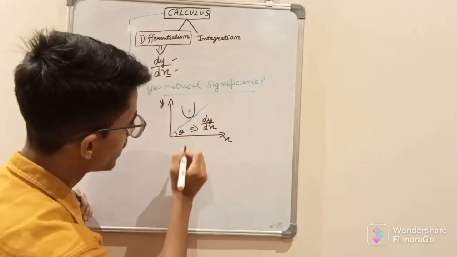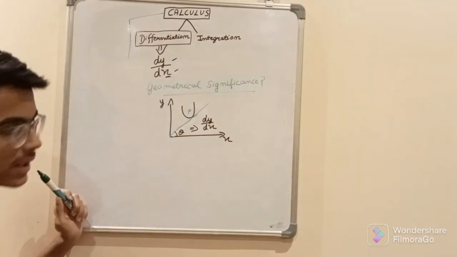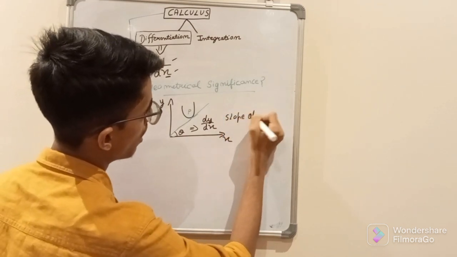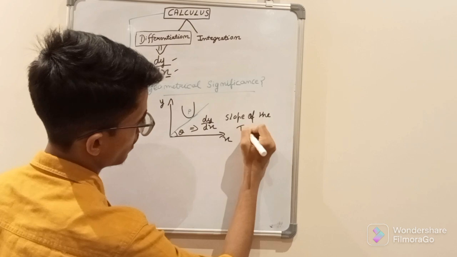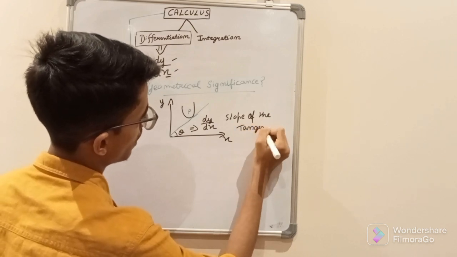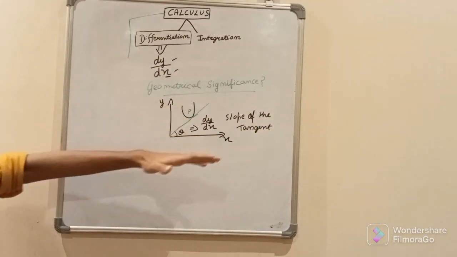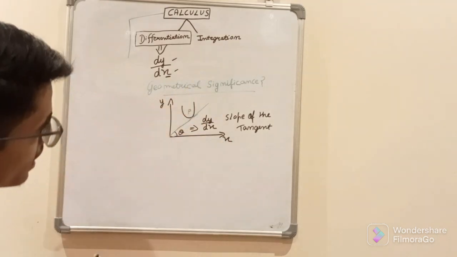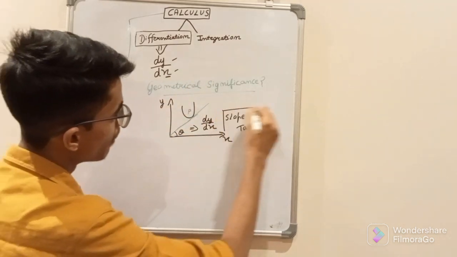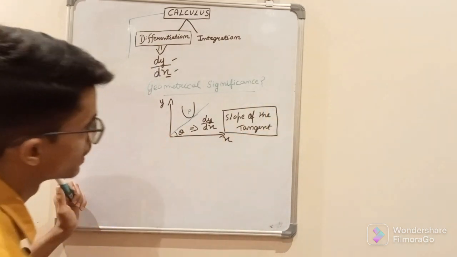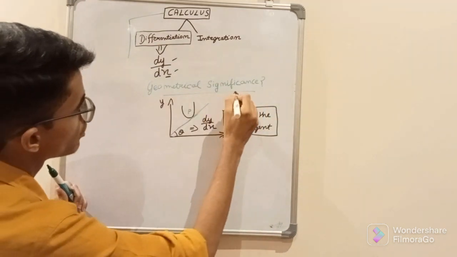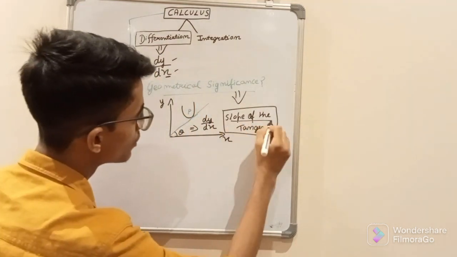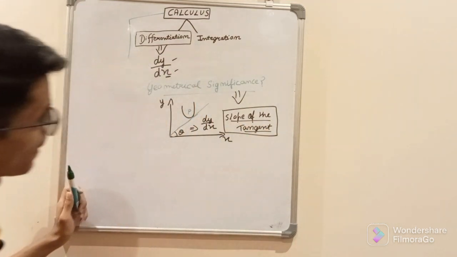If we differentiate theta in the form of dy by dx, we'll get the slope of the tangent. इस स्लोप का जो भी स्लोप है इस टेंजेंट का, जो भी ग्राउंड से इंक्लिनेशन है, that will be given by differentiating the theta, and that is only the geometrical significance of dy by dx. It gives the slope of a tangent.